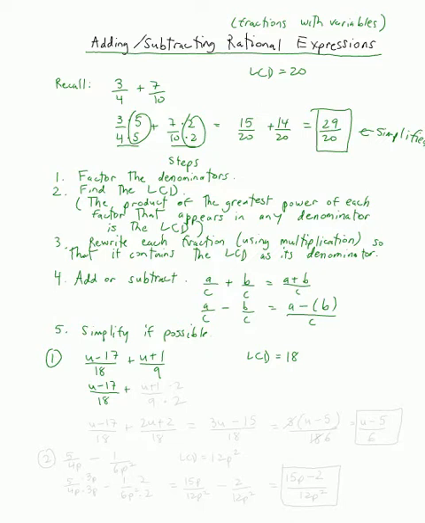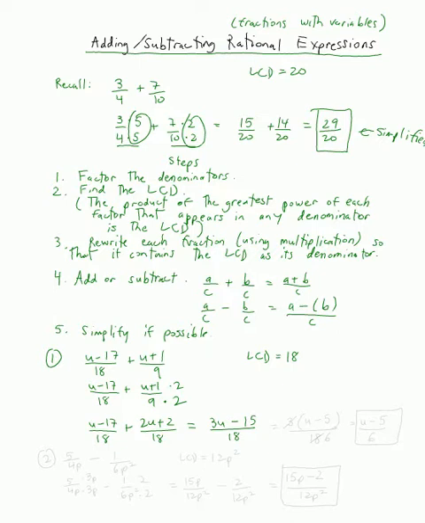Now the first one's not missing anything, but the second one is missing a 2. So I have to do the same thing to the top. I end up with (u minus 17) over 18 plus (2u plus 2) over 18, which gives us (3u minus 15) over 18. All I did was I combined the like terms on the top.